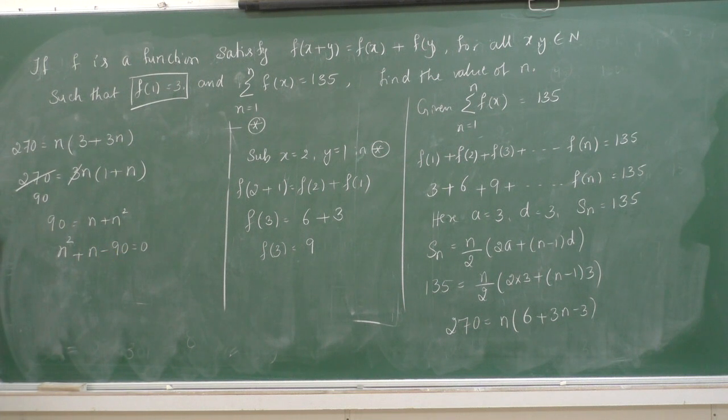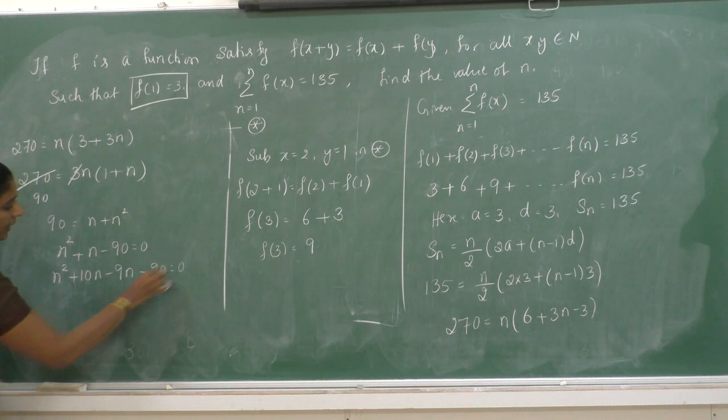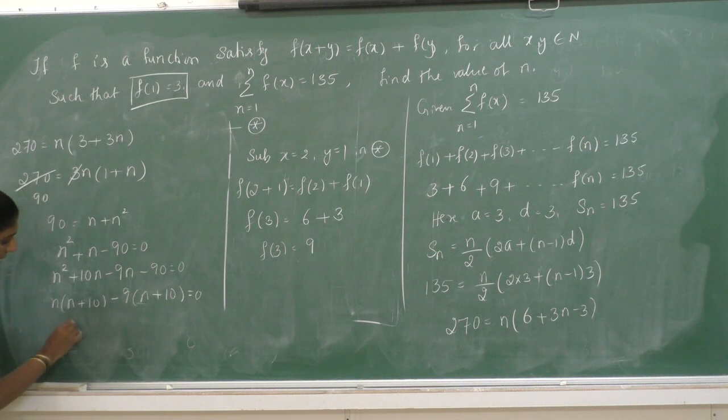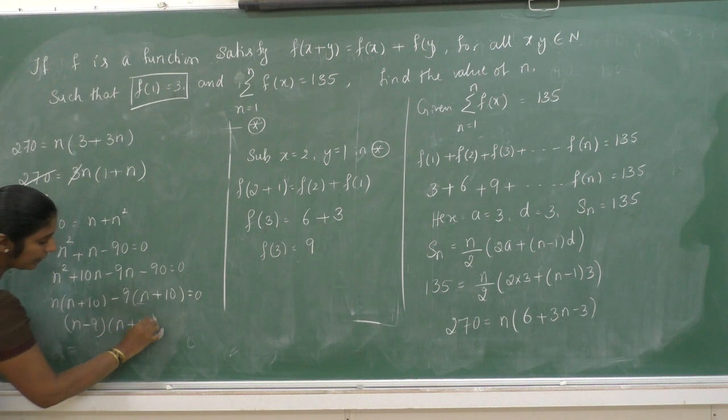On multiplying we should get minus 90, on adding we should get 1. So 10 and 9. So n square plus 10n minus 9n minus 90 is equal to 0. Taking n common, n plus 10, minus 9 common, n plus 10 is equal to 0. n minus 9 into n plus 10 is equal to 0.